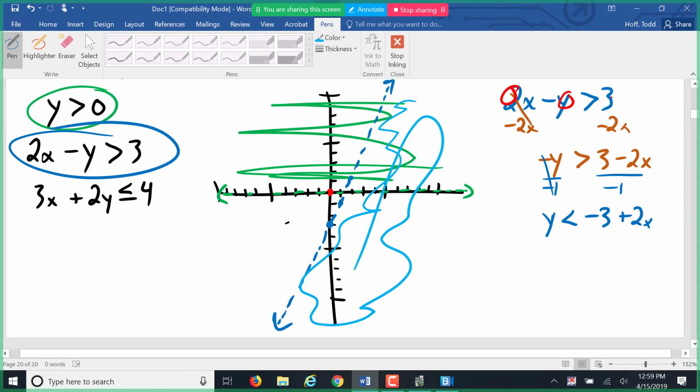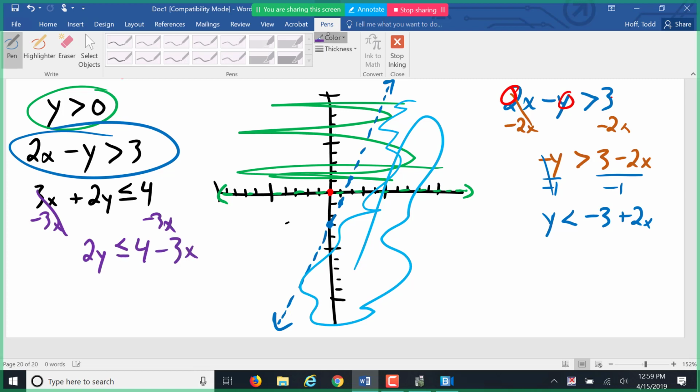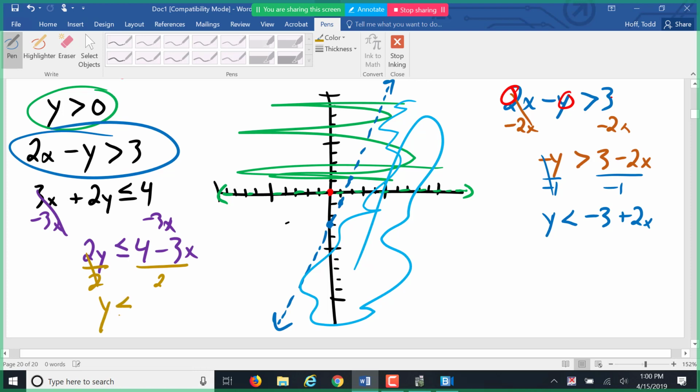The last one, 3x plus 2y is less than or equal to 4. Let's subtract 3x. Here's 2y is less than or equal to 4 minus 3x. And we divide by 2. Y is less than or equal to 2 minus 3 halves x. So we start at 2.